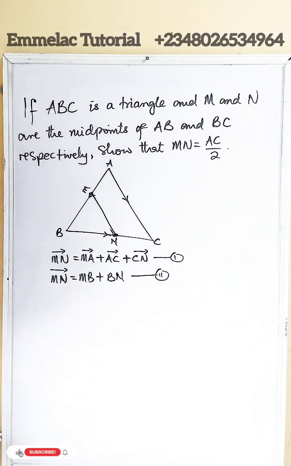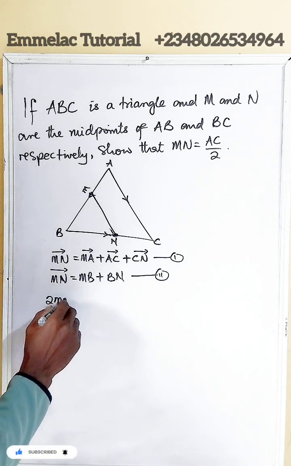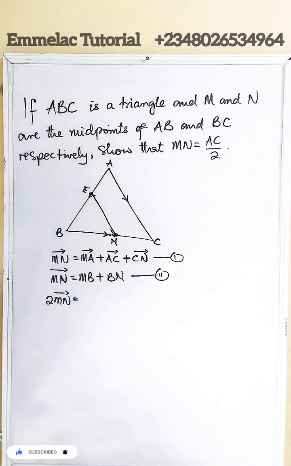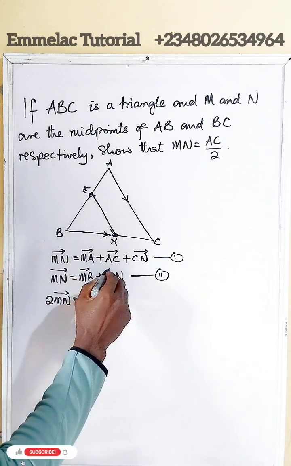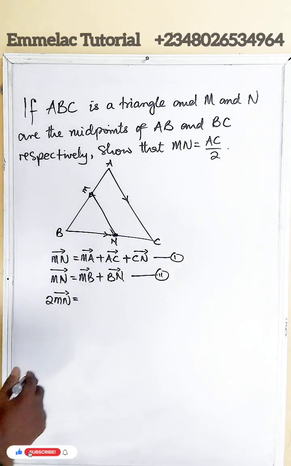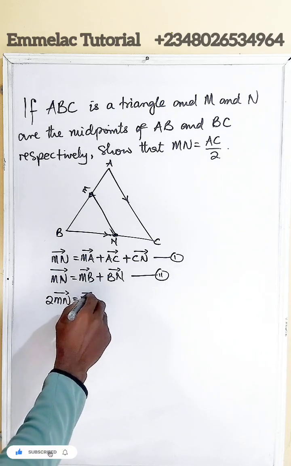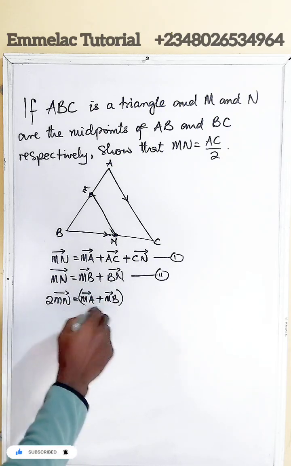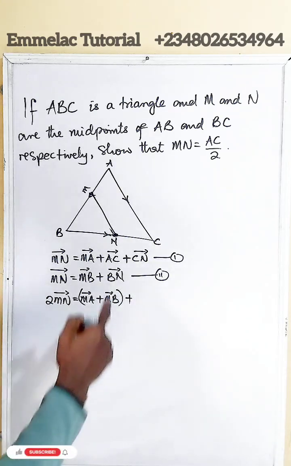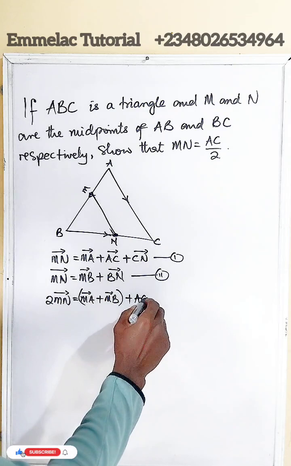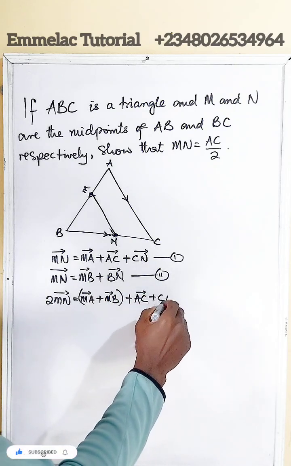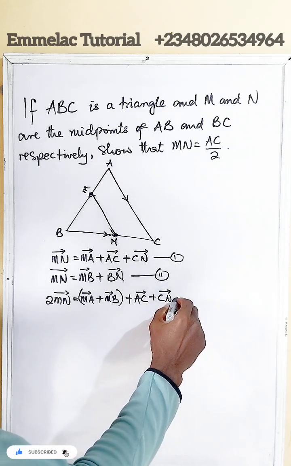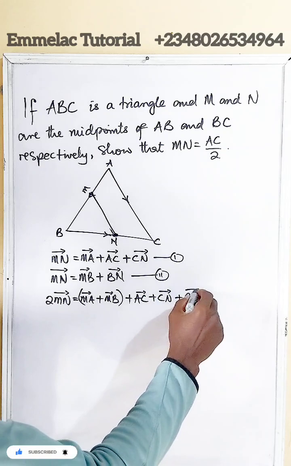Okay, alright, now let us add these two equations together. So when we add this plus this, you have 2MN equals, then adding this together, we have MA plus MB, then plus the whole of this, AC plus CN, plus BN.